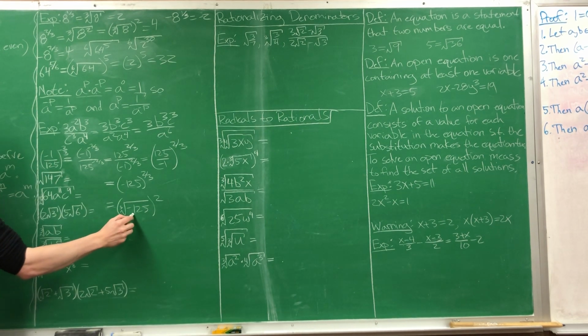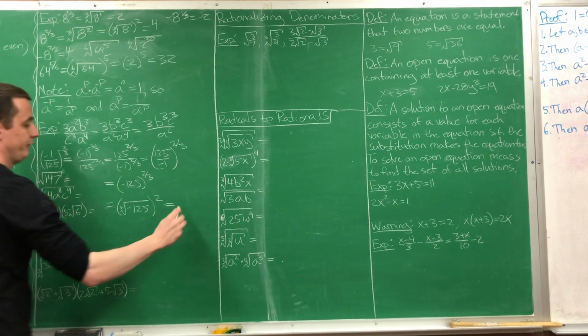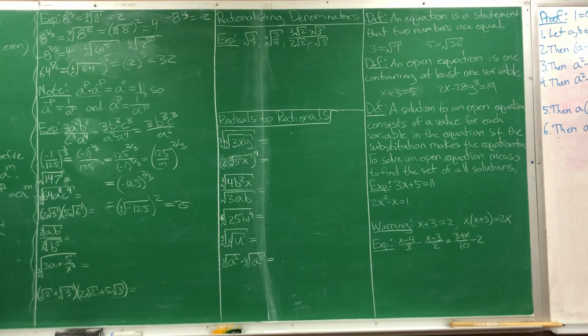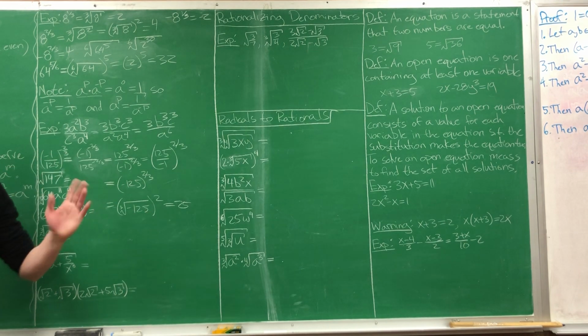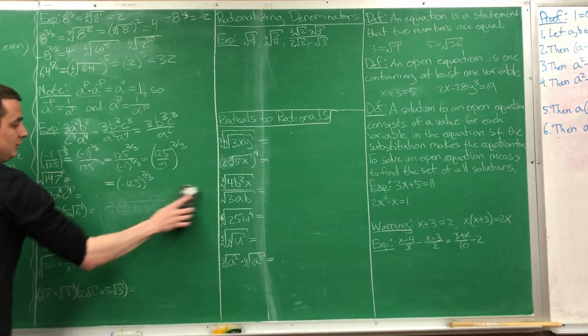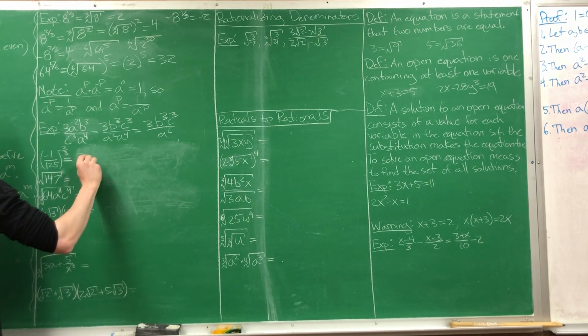The cube root of negative 125 is negative 5, squared is 25. And so negative 125 to the power of 2/3 was really just 25. Good? So weird. So that one came out to 25.